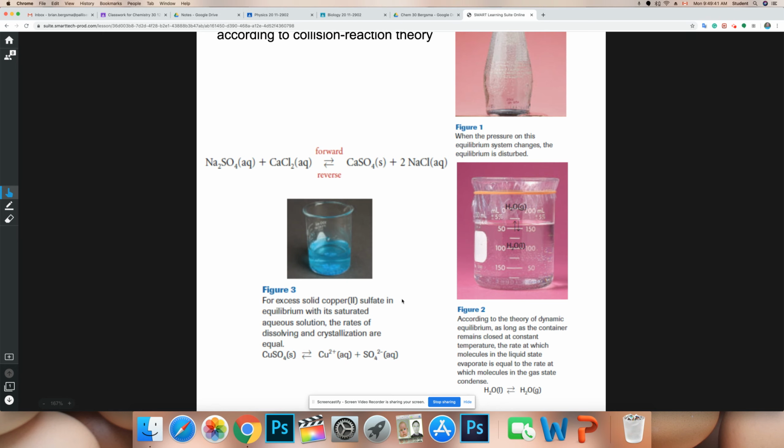We talked about that last year: when we get the saturated solution, some of the dissolved solute hits each other and becomes a solid, and then some of the solid becomes aqueous, and back and forth it goes.